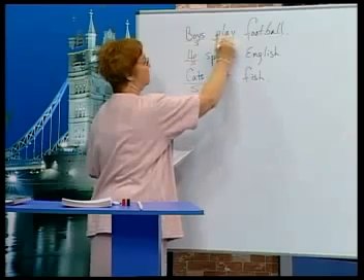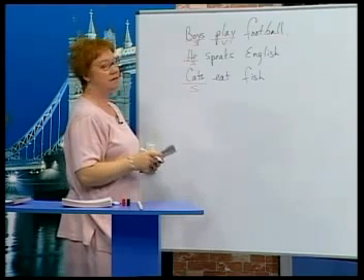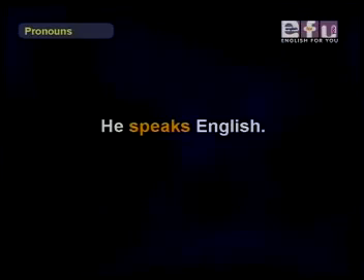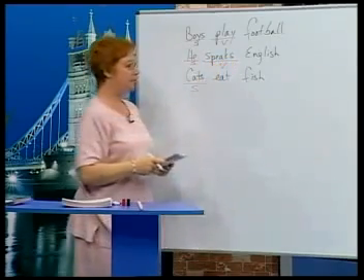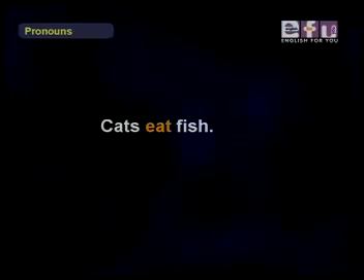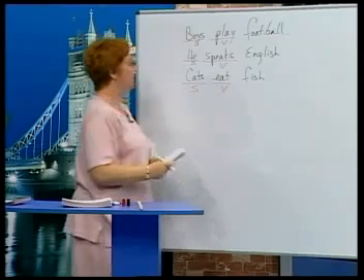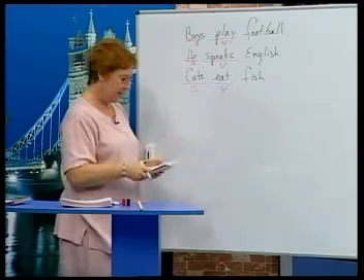Yes, the verb is play. Now, Isabel, the verb in sentence 2. The verb is speaks. Speaks. And Susan, the verb in the last one. The verb is eat. Eat, yes, okay. So we have the subject and the verb for each sentence.